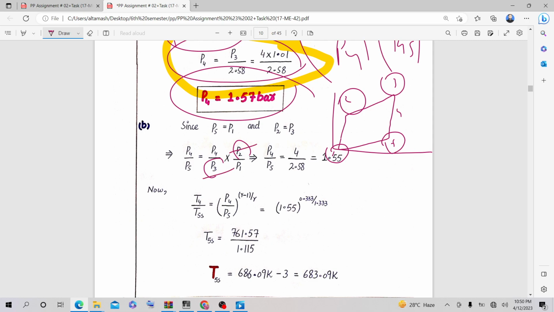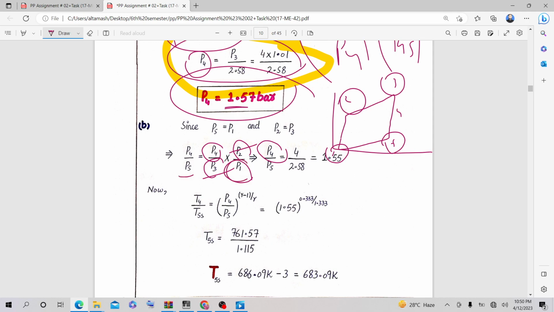And what is P4? That we have already found, that is 1.57 bar. So just plug the value of P4 and the value of P1.